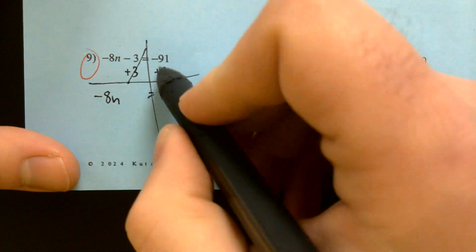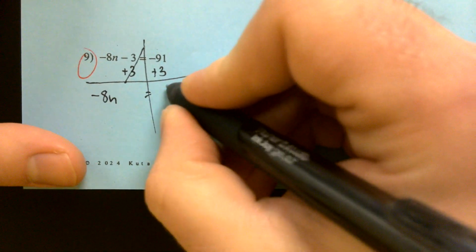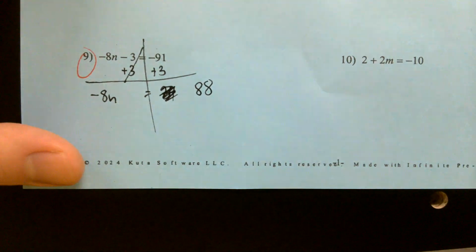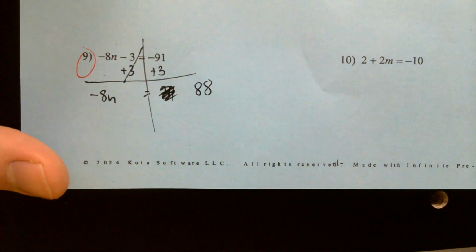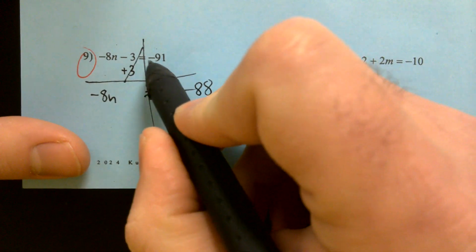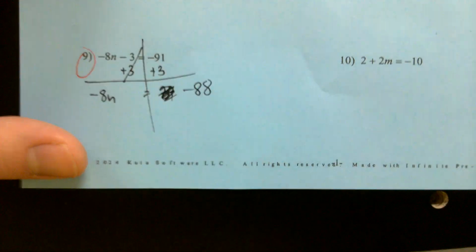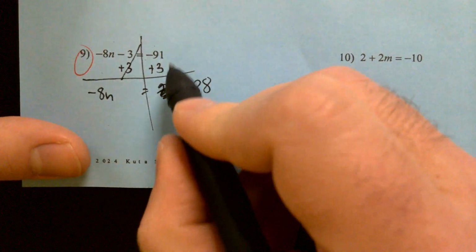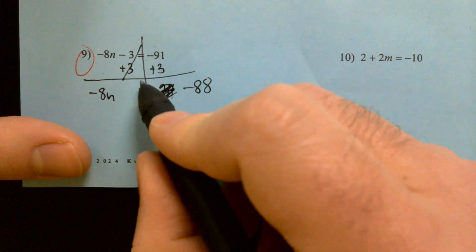And what is negative 91 plus 3? Is that 94? 88? Super close. What are we missing on that 88? Negative 88, right? Negative 91. Let's say you owe me $91, right? You are $91 in debt to me, and then you pay me $3 of that debt.